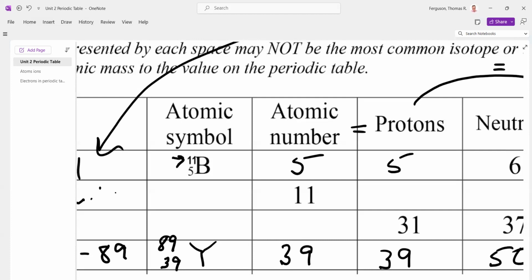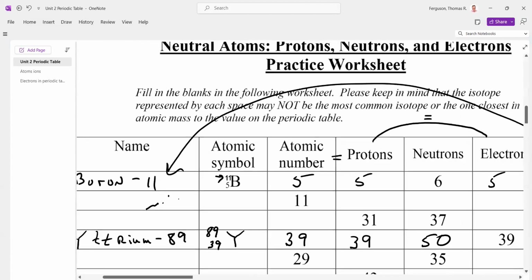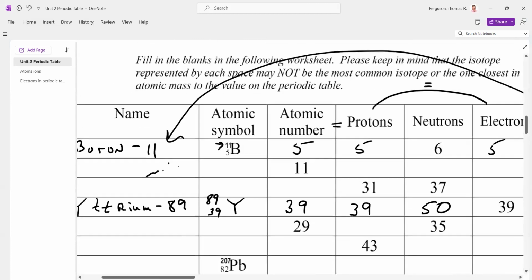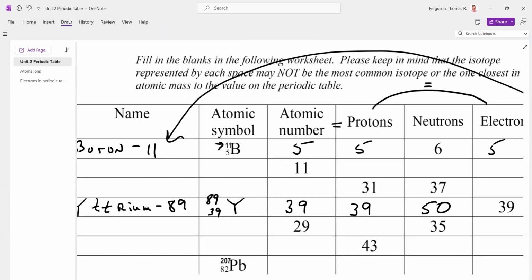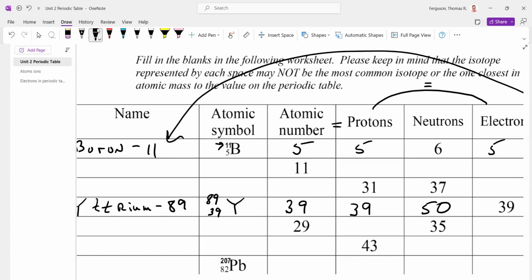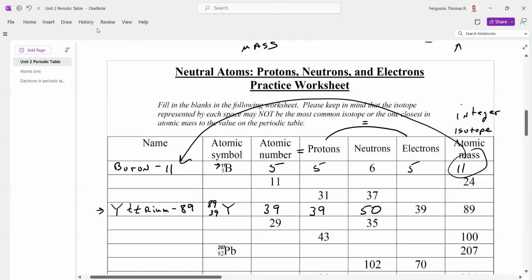Okay, so let's do one with a neutral atom here real fast, just for review. Okay, so let's do this one here. Atomic number 11. So what does that correspond to on the periodic table?